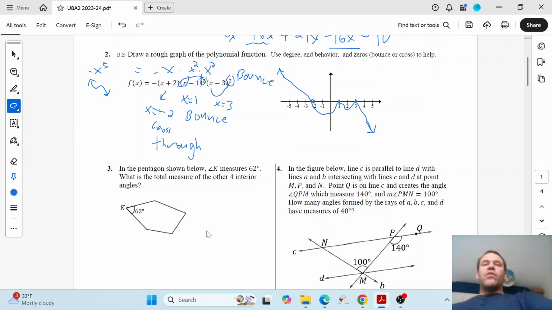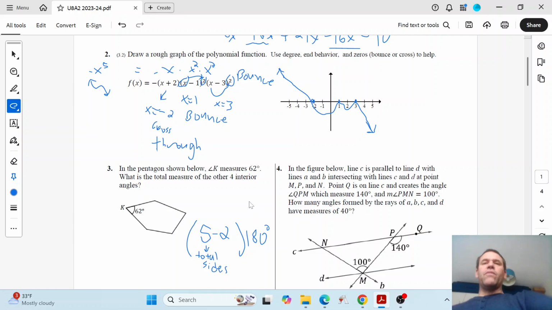So it's basically how many sides you have minus 2 times 180 degrees. And so this is the total sides.